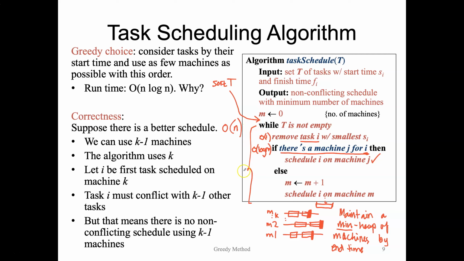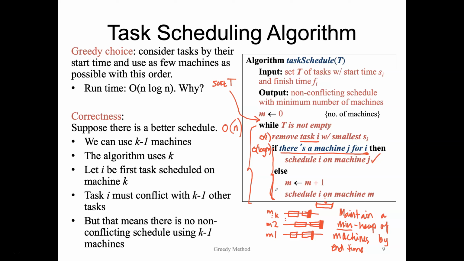Then we have a while loop, which iterates n times. We can then remove a task; if we were to call this once, it's constant time. But the remaining part, checking which machine we should compare against, and then updating it appropriately or creating a new machine as necessary, is log n time.